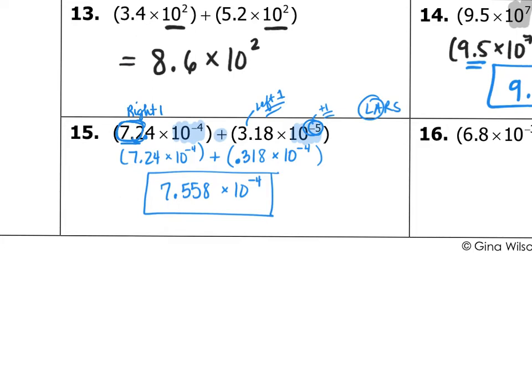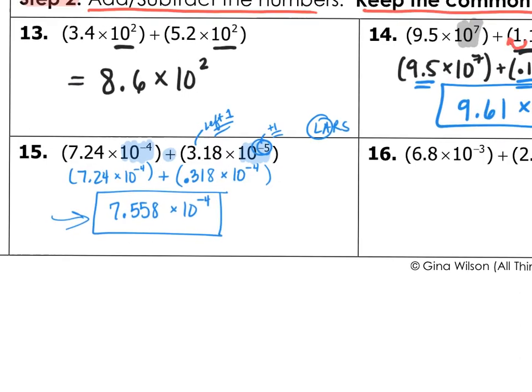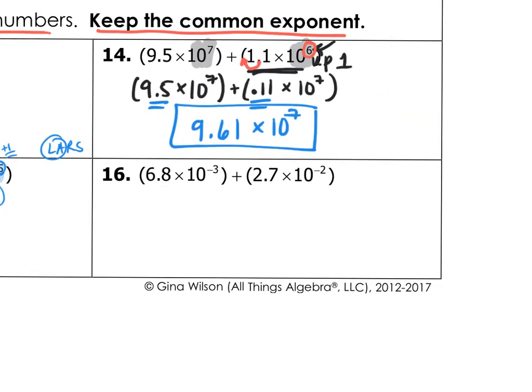That's not wrong, but that means that at the end, I'm going to have to do extra work to then put it back into scientific notation, which will be kind of annoying. So I went ahead and left this one as a single digit in front of the decimal, and then made this one become a 0 digit in front of the decimal, so that my final answer is still in scientific notation.